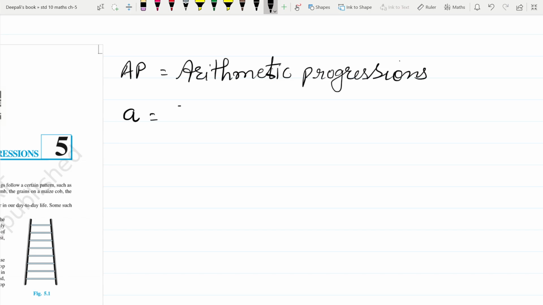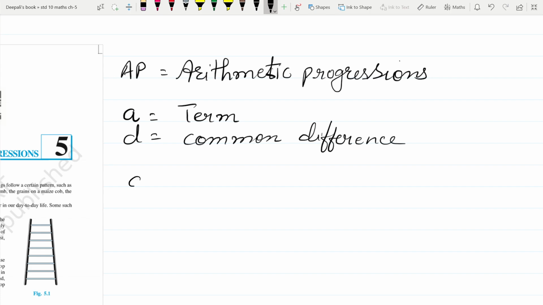Letter A represents the first term, D represents common difference, AN represents the number of terms.